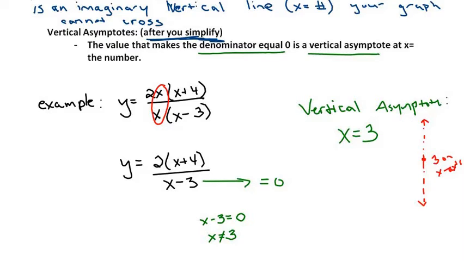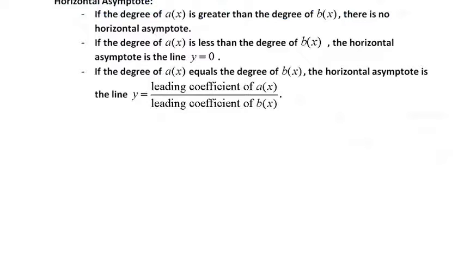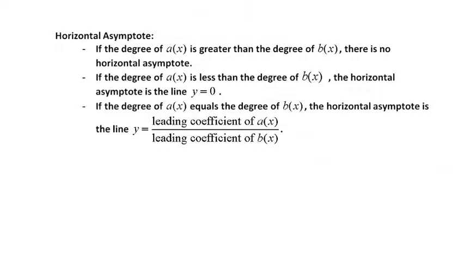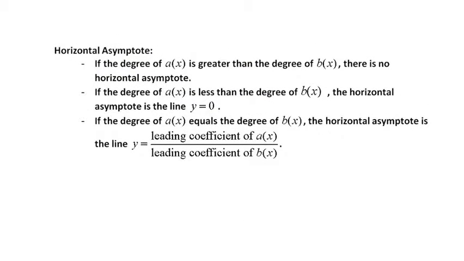Alright, so next on our list is a little more complicated. So the horizontal asymptotes are actually an imaginary line, a horizontal line, which is always in the form y equals a number, that the graph cannot cross.